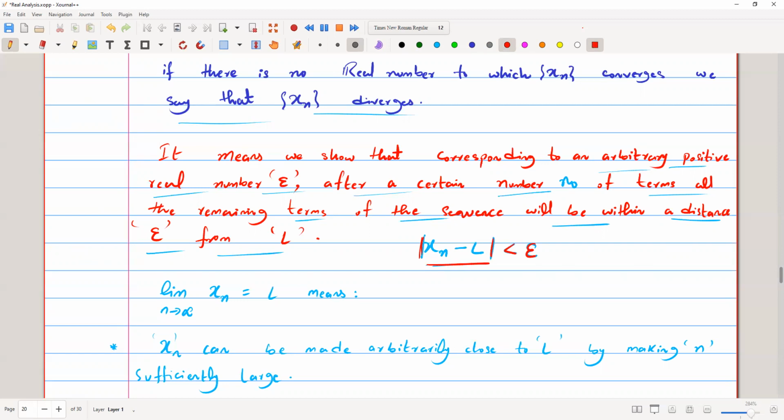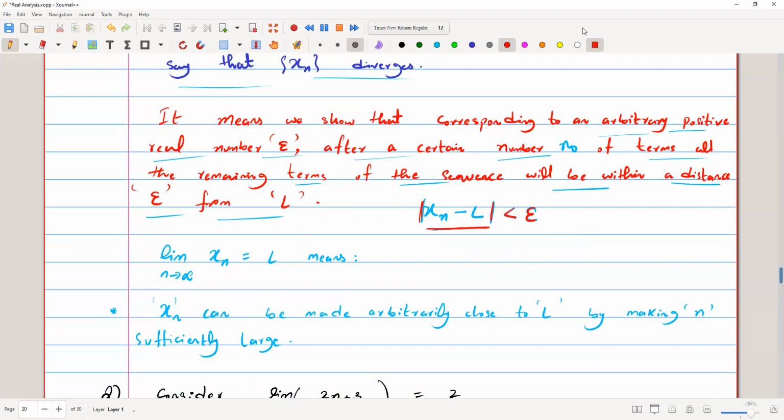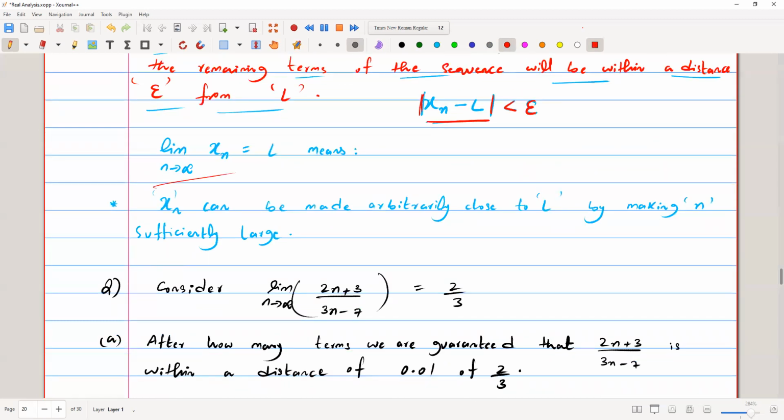Okay, so now the limit as n tends to infinity of xn equals L means that xn can be made arbitrarily close to L by making n sufficiently large.